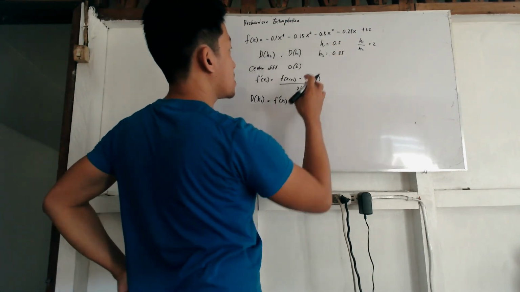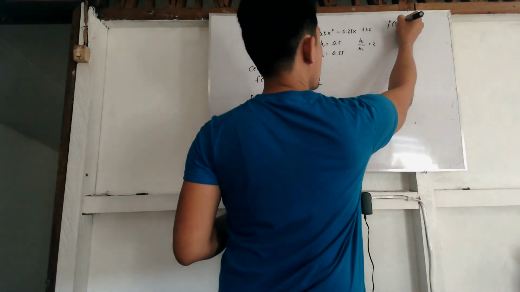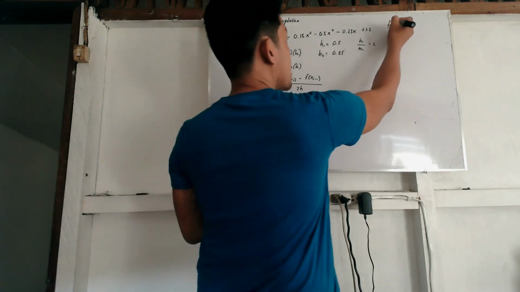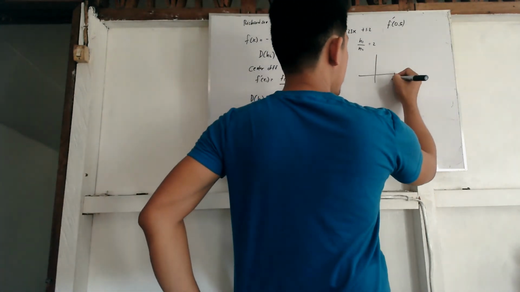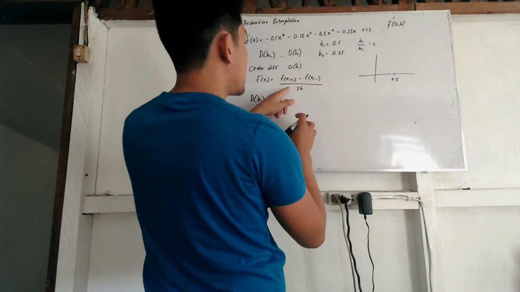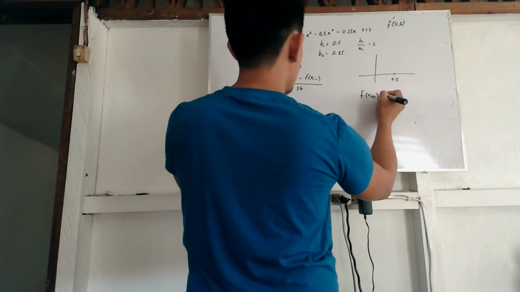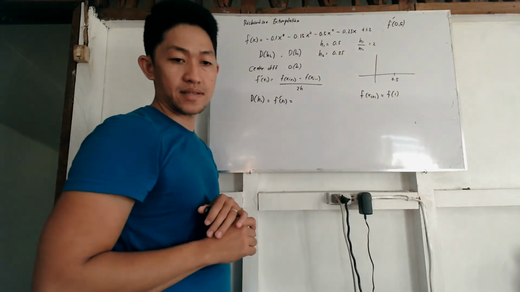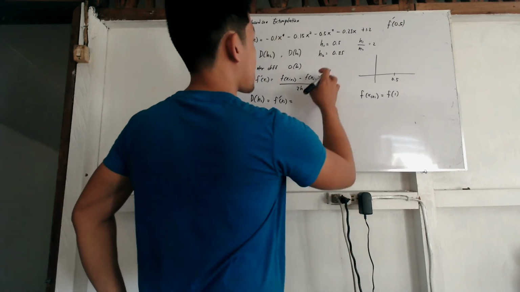So, by the way, we are getting the derivative at 0.5. So, if xi is 0.5 and our step size is 0.5, f of xi plus 1 is equal to f of 1.0.